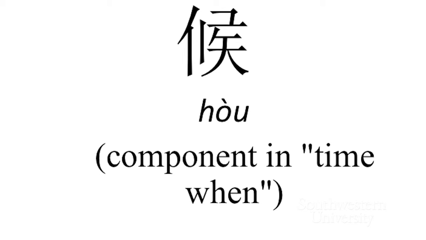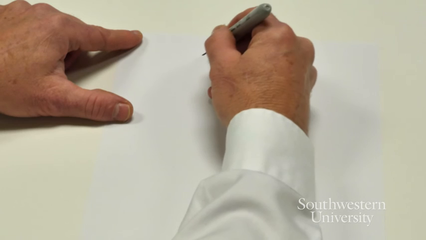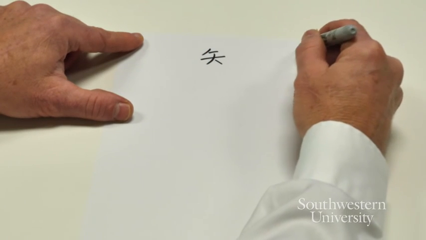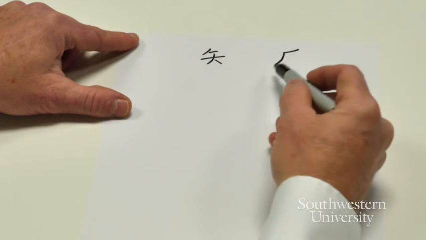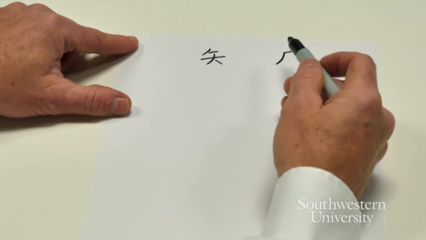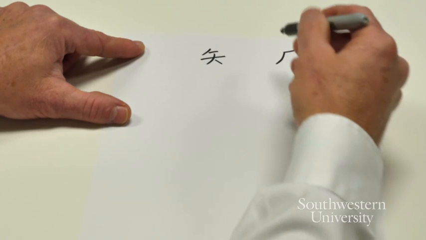Ho. And this character also just means time. So this is made of several components. The right-hand side, we've seen arrow before, arrow, and it strikes an object which looks like a shelter or an overhang, but that has been adapted into this case.